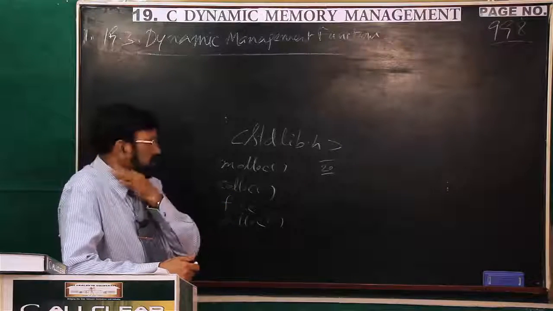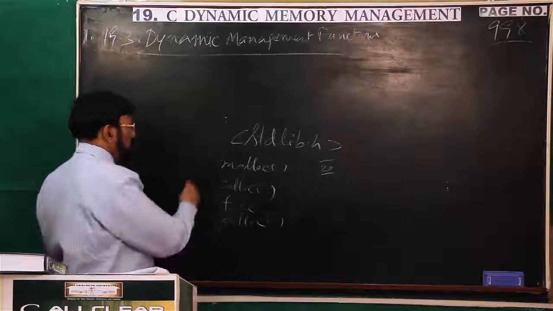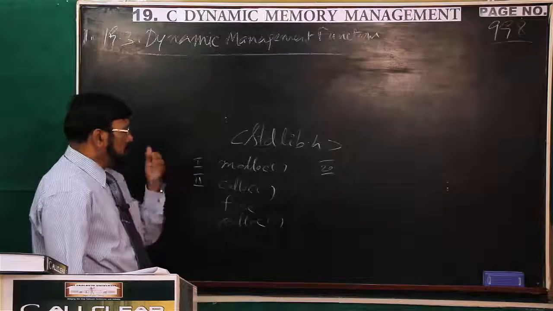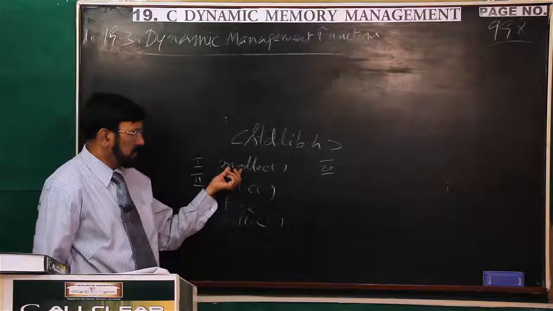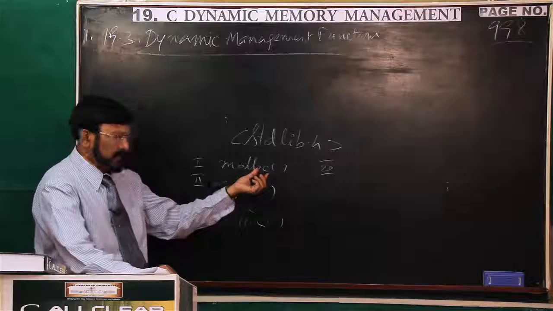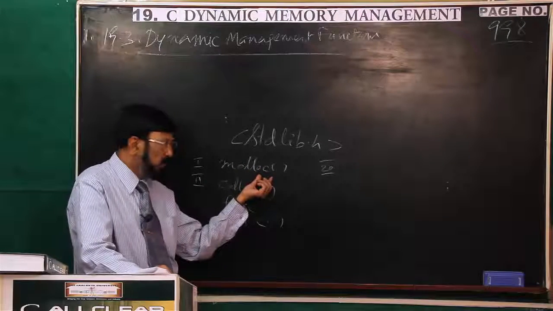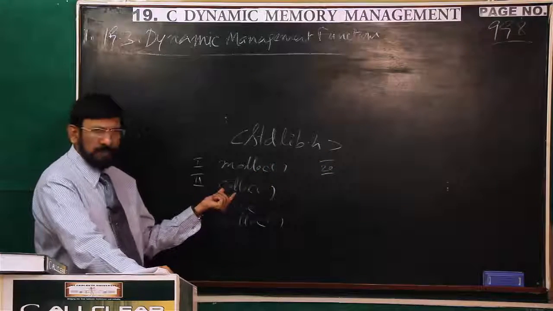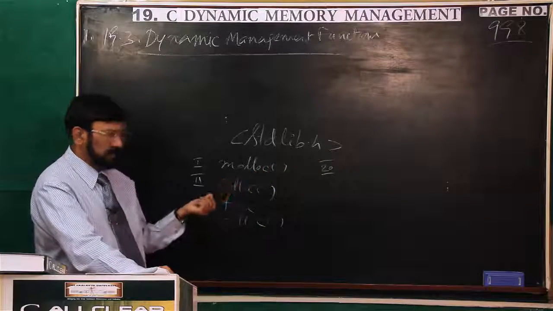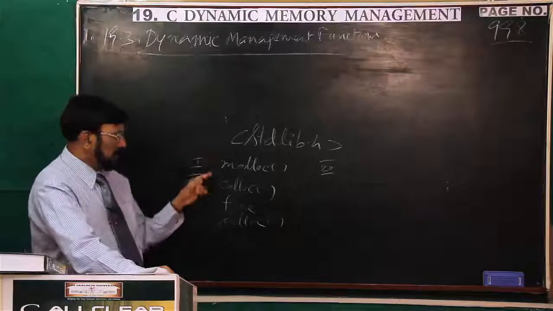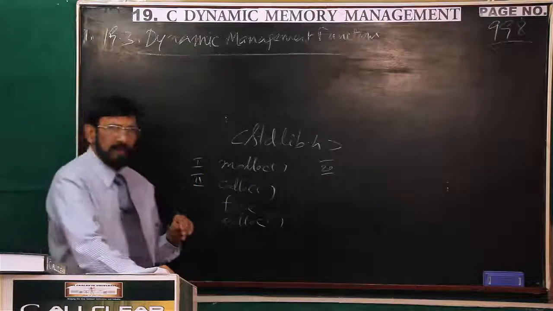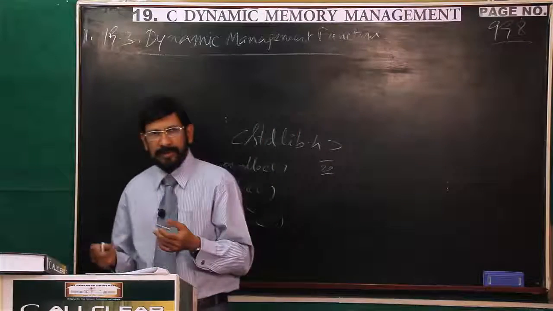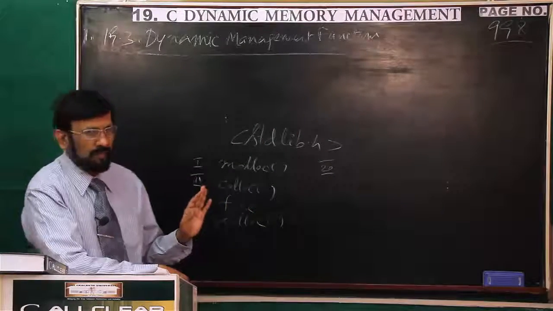Next, free. Memory may be dynamically allocated in 2 ways: by a primary data type variable, or a set of variables, or a block of memory, or a set of blocks of memory. Memory may be allocated by these 2 functions. These are created explicitly by the programmer. The compiler has no role.